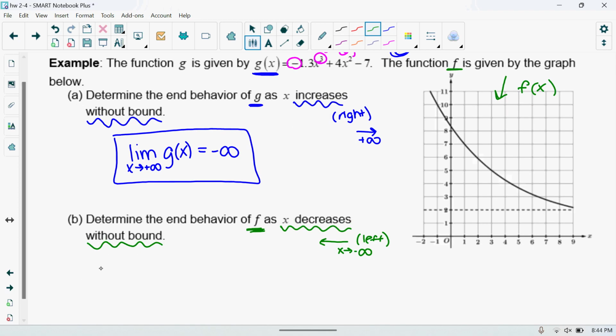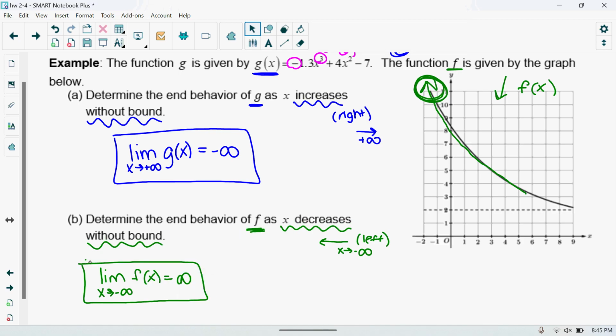So limit, LIM, as x approaches negative infinity for f of x equals. So I'm going to go to my graph. Left is going up, up, up, and up. So my y values keep getting higher and higher. So it is going to positive infinity.